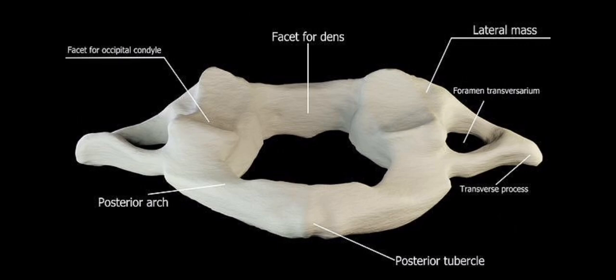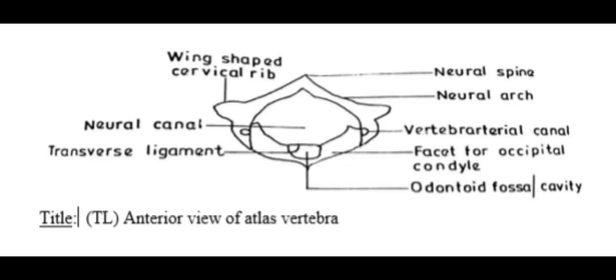Right? So look at the diagram of the atlas and know how to draw it, at least to label the neural spine, the neural arch, the vertebrarterial canal, the facets for the occipital condyle, the odontoid fossa or the cavity, the wing-shaped cervical rib, and then the neural canal and the transverse ligaments.